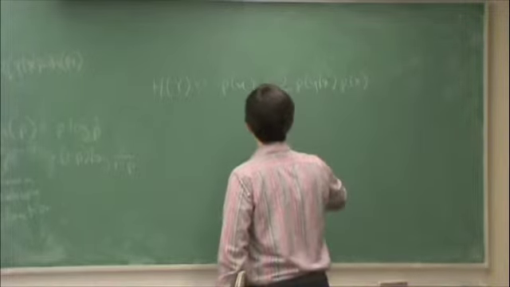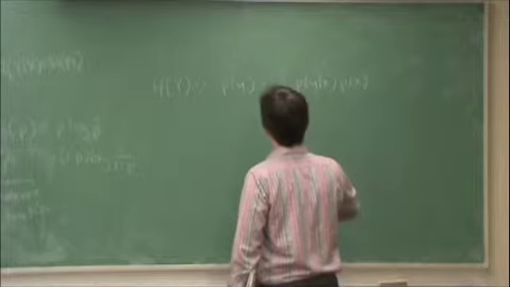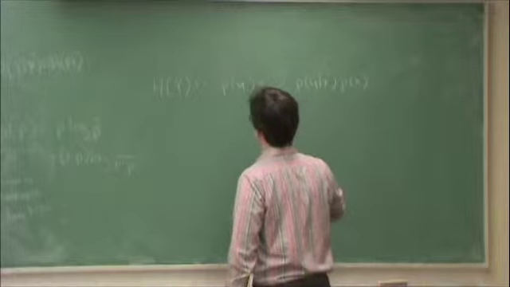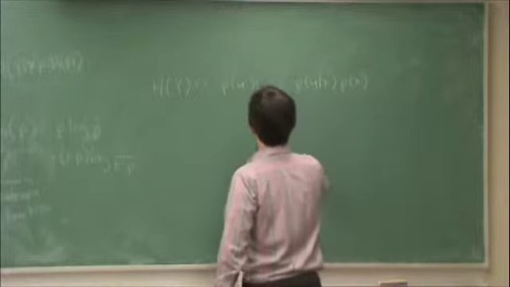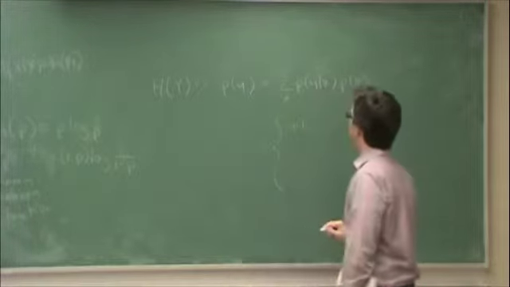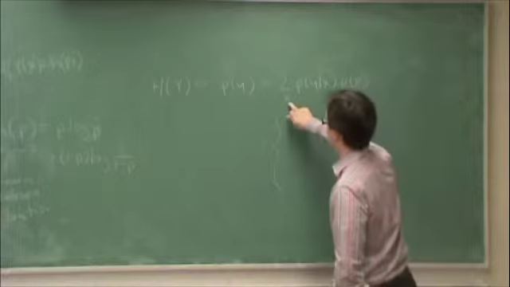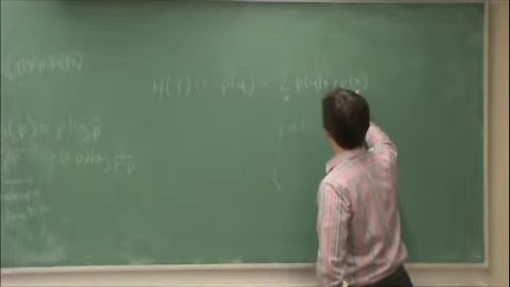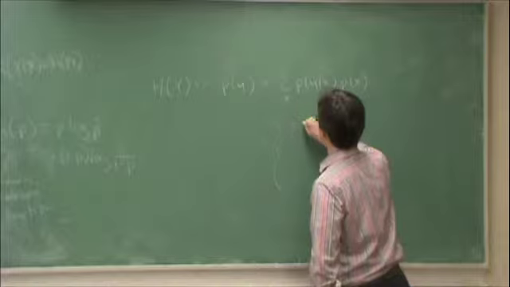So this is equal to, okay, there's three possibilities here. So for y equals 1, what I have here is the sum over 0 and 1 of this. Sorry, let's start with y equals 0.